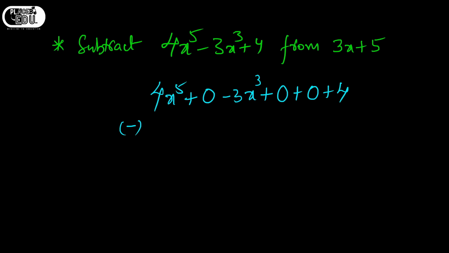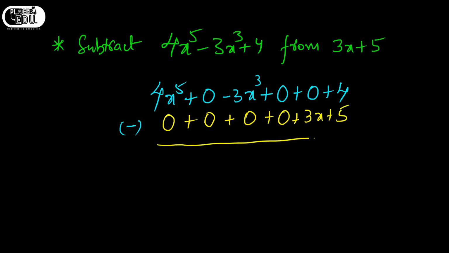3x plus 5. Coming to 3x plus 5, we don't have x power 5 term there, x power 4 term there, x power 3 term there, x square term there, but I have 3x plus 5. Subtracting them, 4x power 5 minus 0 will be 4x power 5. 0 minus 0, 0, minus 3x cube plus 0, which is nothing but minus 3x cube.